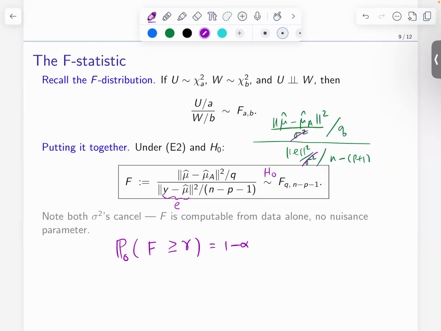I mean, we'll do that maybe, but it's just standard at this point. You look at the quantiles of the F distribution with the certain degrees of freedom. Here q is the number of constraints, n is the sample size, p the total number of variables, and the one is saying that you have an intercept in the model. If you don't, you can drop that. And then if I apply G to the F, this would be my p-value.